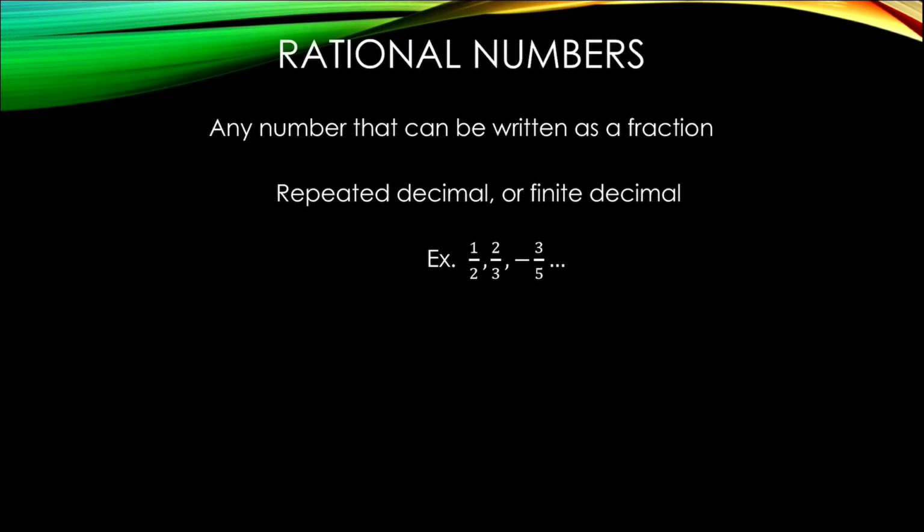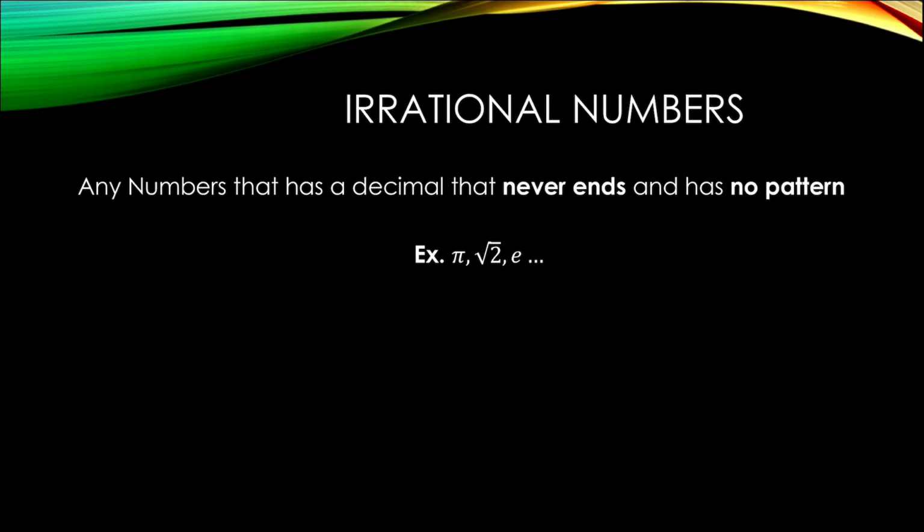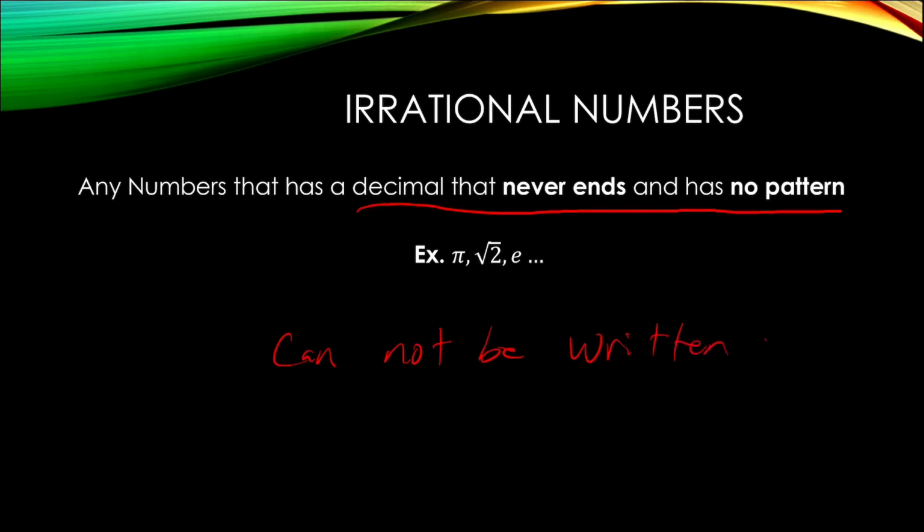Rational numbers are numbers that can be written as a fraction, so we add the 1/2, 2/3, all those in between parts. Irrational is any number that has a decimal that never ends and has no pattern. These cannot be written as a fraction.